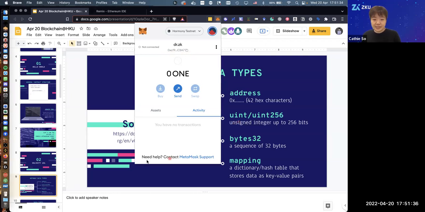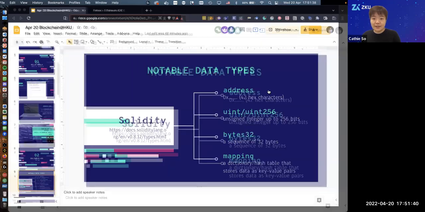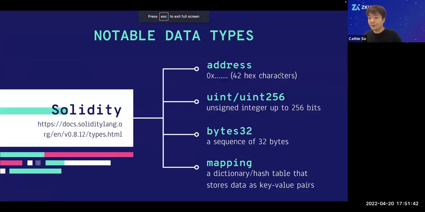Address in Solidity is a specific data type, its own data type. So you have to pay attention not to be confused with other numbers that might look like an address. That's the first thing we need to pay attention to.